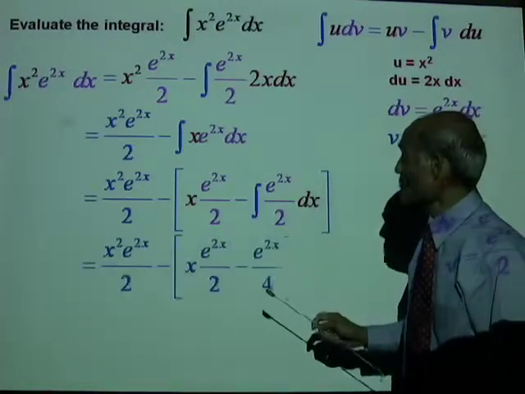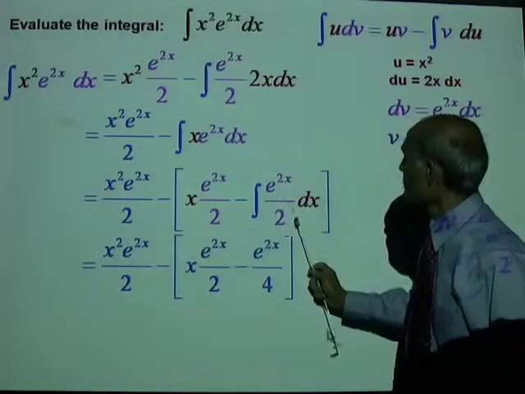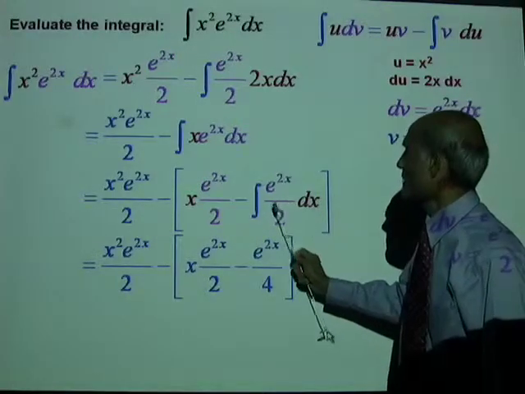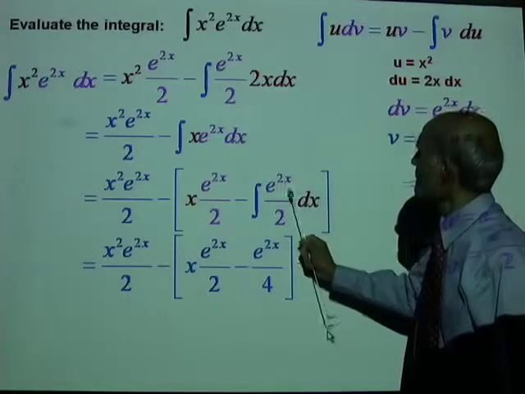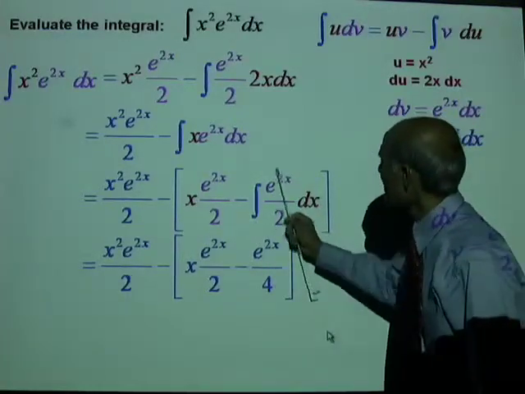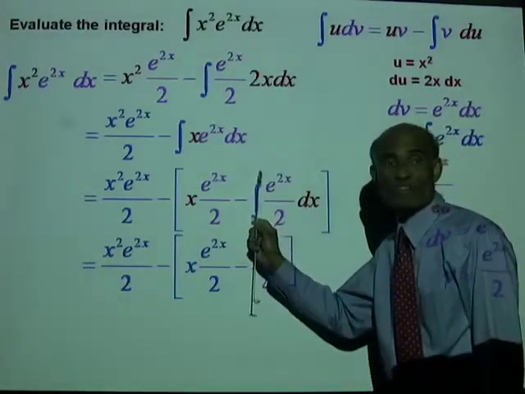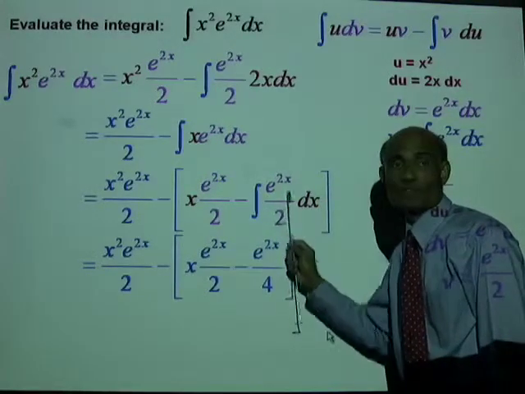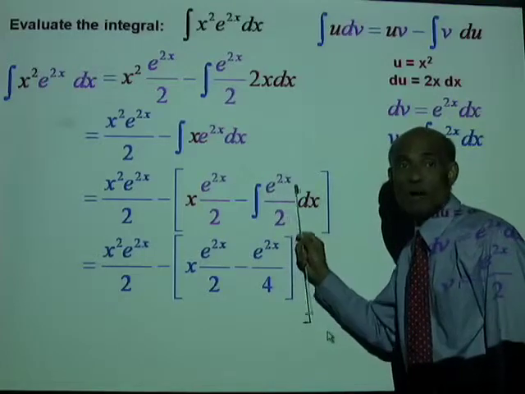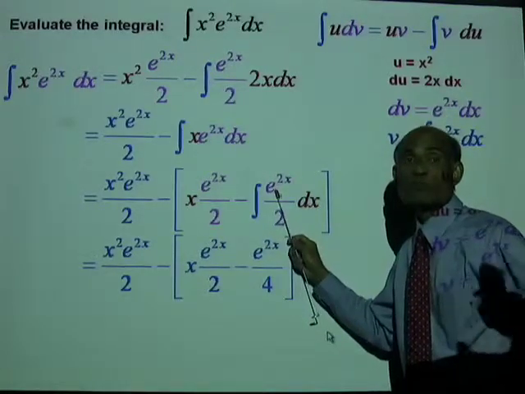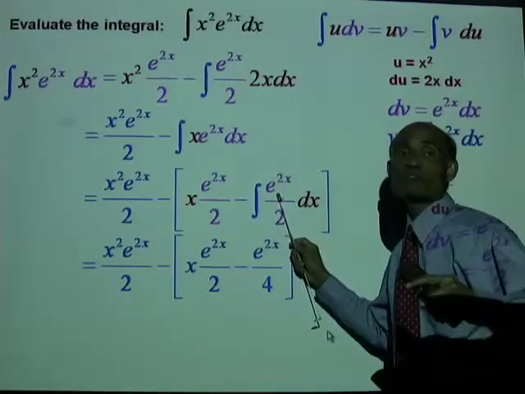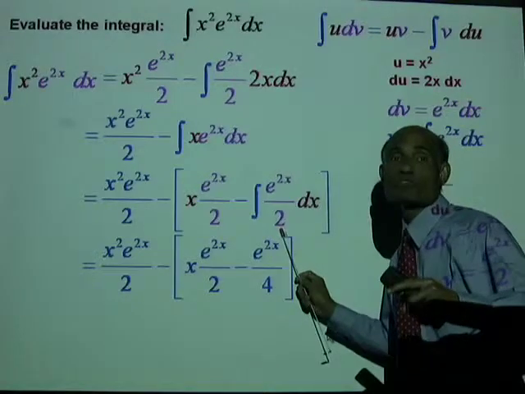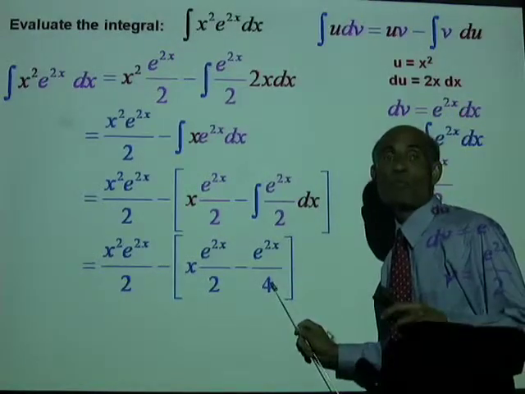Well, in our next step, we simplify this. What does that give you? You can do that integration. What is the integral of e to the power of 2x over 2? Well, the integral of e to the power of 2x is e to the power of 2x divided by 2, and combining with this 2, the denominator now will be 4.